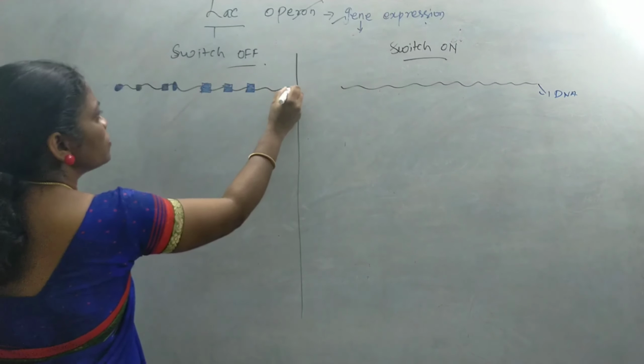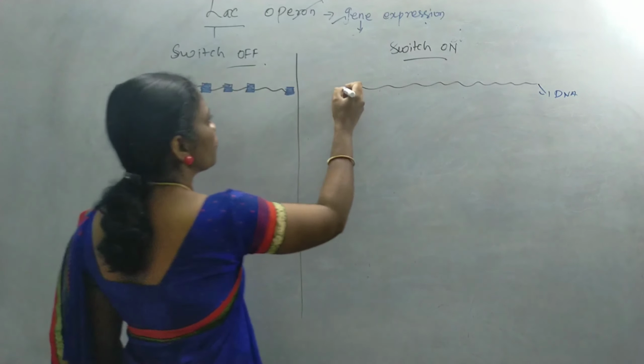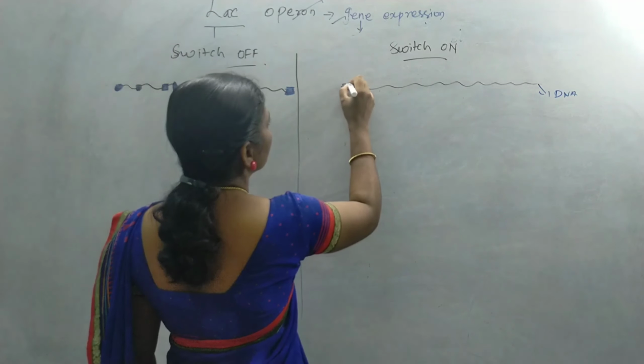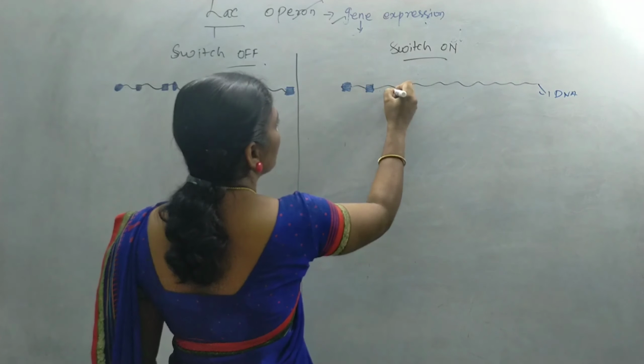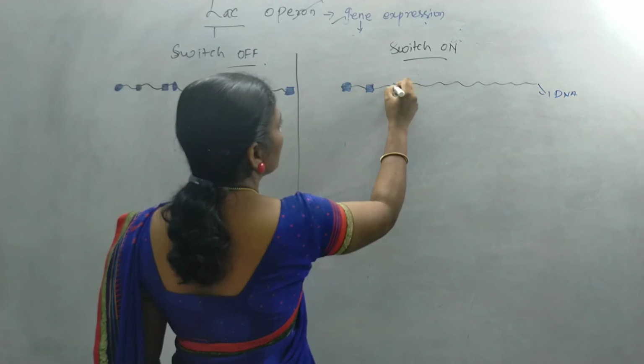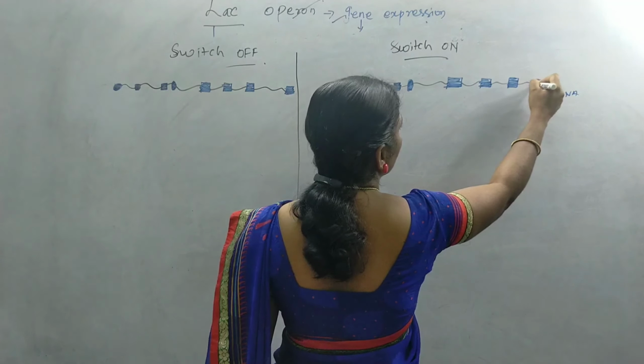You have a termination codon at the end to stop the process. The same we'll draw here: the promoter region, the LAC-I gene, one more promoter, the operator, and three structural genes. And here we have a termination codon.